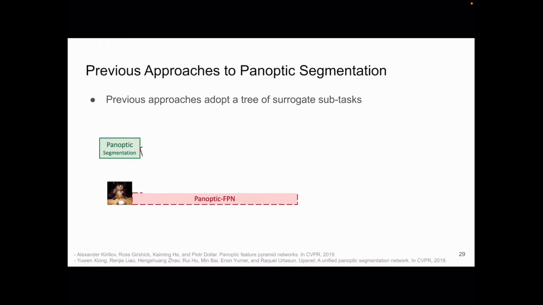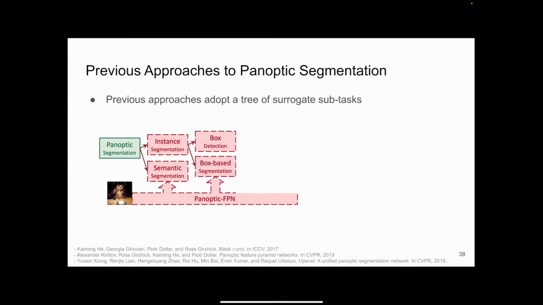Previous approaches to panoptic segmentation adopt a tree of surrogate subtasks. Let's take the state-of-the-art Panoptic-FPN for an example. It decomposes panoptic segmentation into instance segmentation and semantic segmentation. Building on top of Mask R-CNN, the instance segmentation branch requires box detection and box-based segmentation.